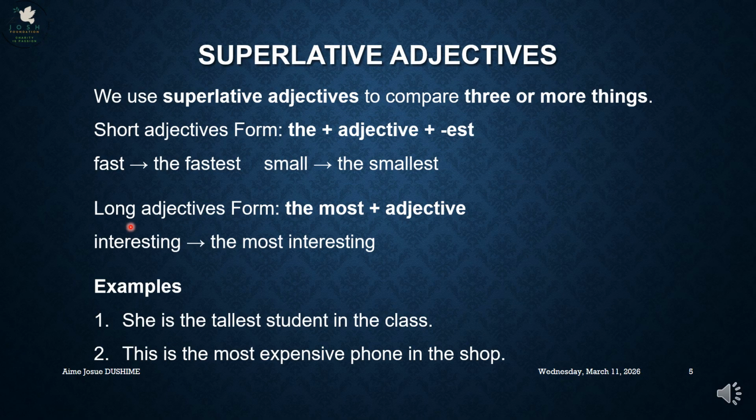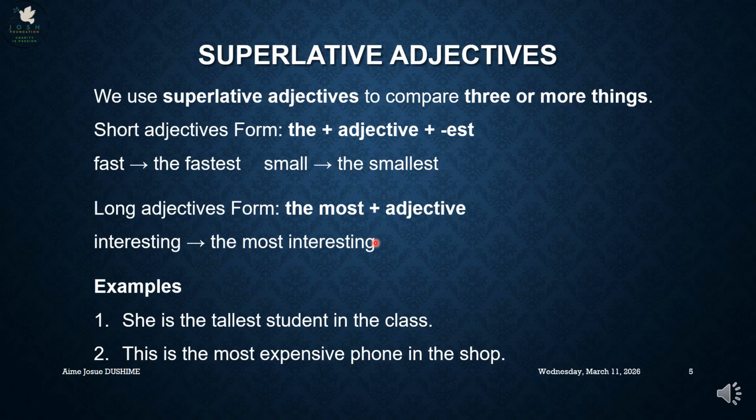When we are forming superlatives with long adjectives, what do we do? We take the most plus adjective. The most interesting, the most important, the most annoying, the most amazing, the most frustrating.